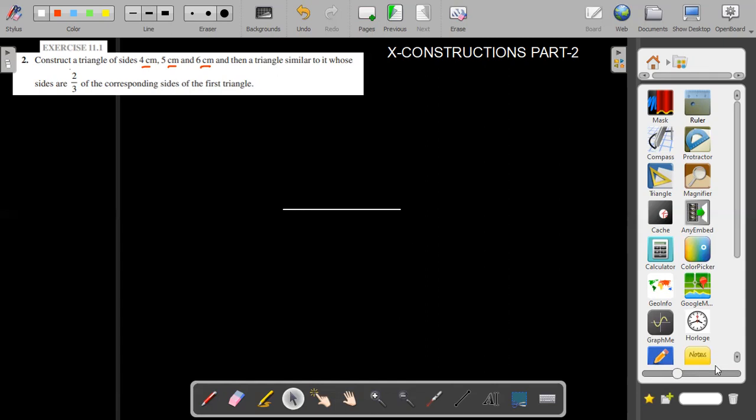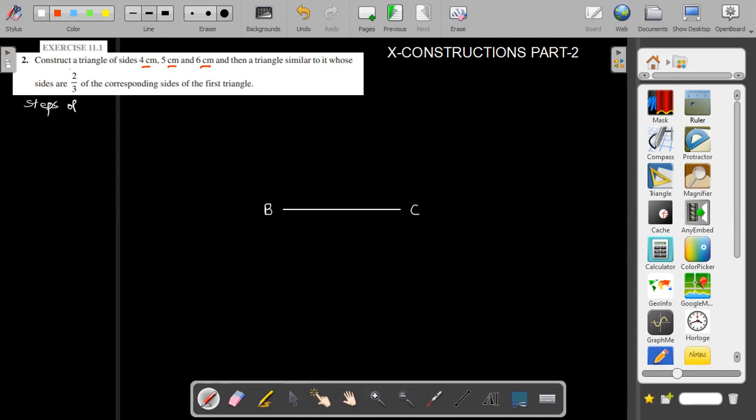Now this is BC. Suppose we take BC as 6 centimeters, since ABC is not given. Now the steps of construction, we will write.